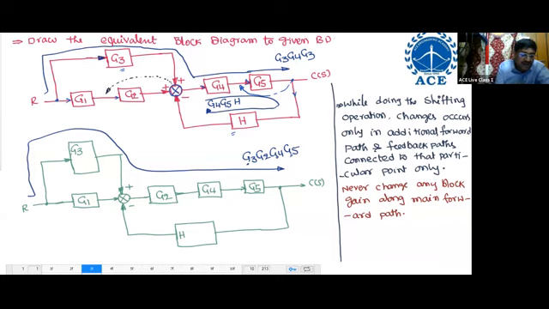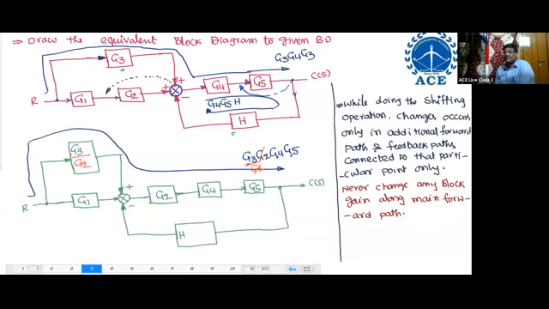So I require G3 divided by G2 so that G2 cancels. That means here G3 by G2. After shifting also, G3 by G2, G2 cancels, so we get G3, G4, G5. Before shifting and after shifting, it is the same.